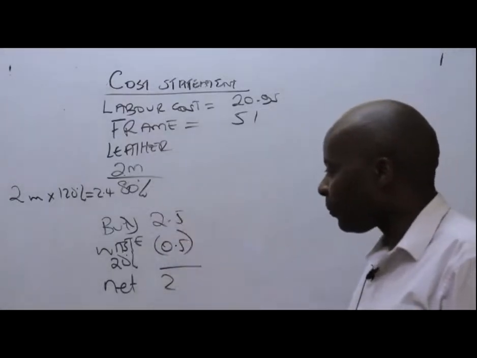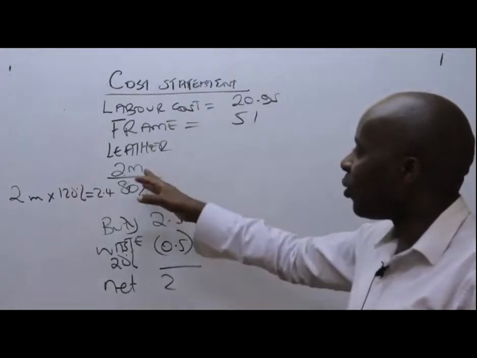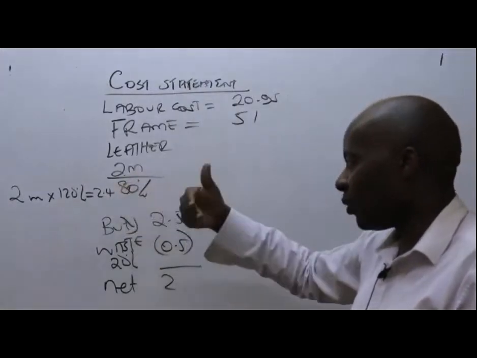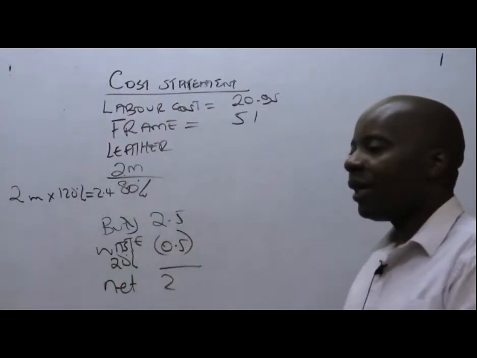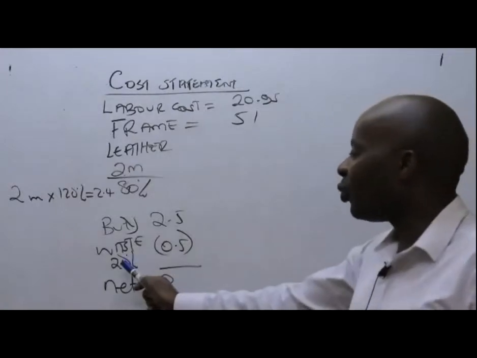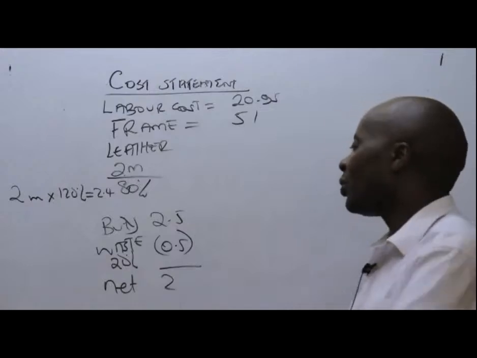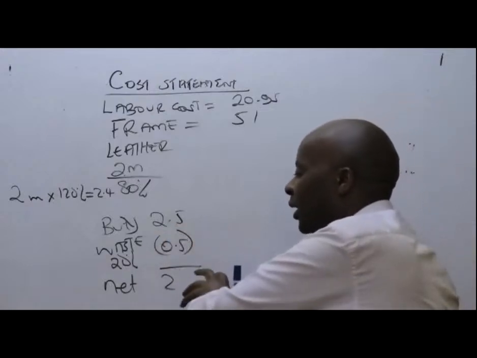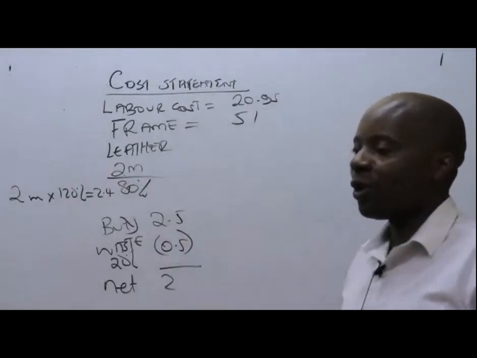If we have these 2 meters over 0.8, which tells us that we should buy 2.5 meters. Once we buy the 2.5 meters, we will have to waste 20%. 20% of 2.5 gives us 0.5. So when you subtract the waste, you get the net meters, which are 2.